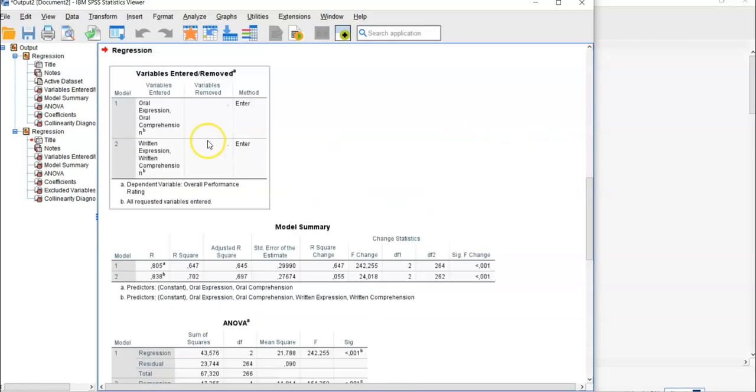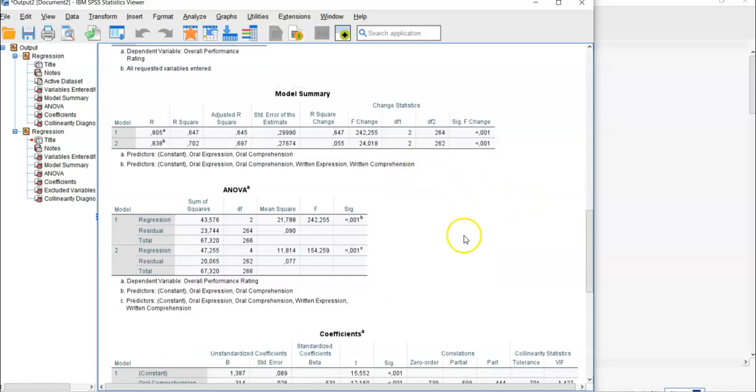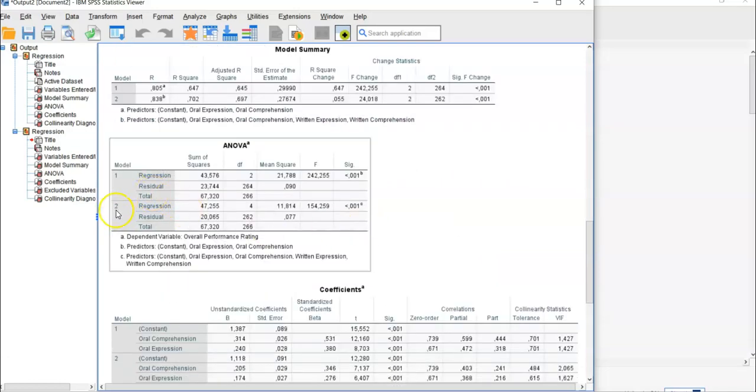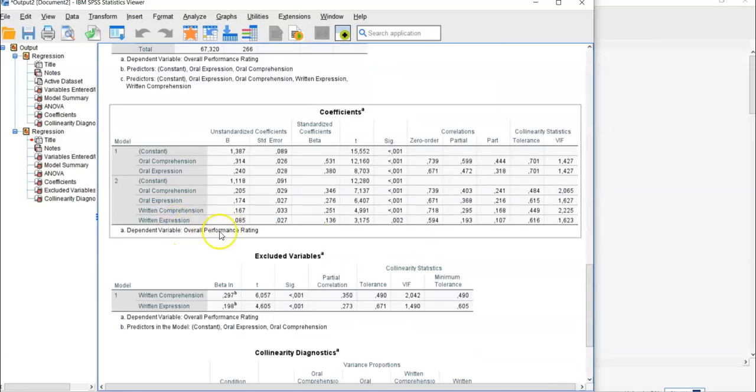So we can consider that the written abilities are not very significant in terms of added variance, even though they are statistically significant. You can see that in model 2, even though the variables entered, they are still significant. The first model with only the oral abilities is significant, and the written one is also. When all four variables entered, they are significant. Now let's see how much effect size they have.